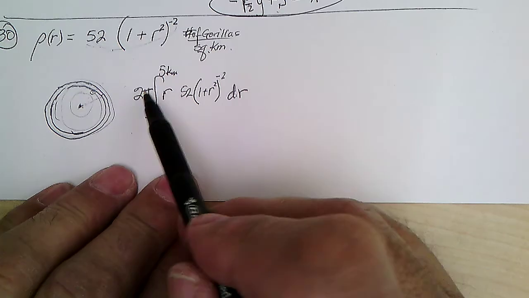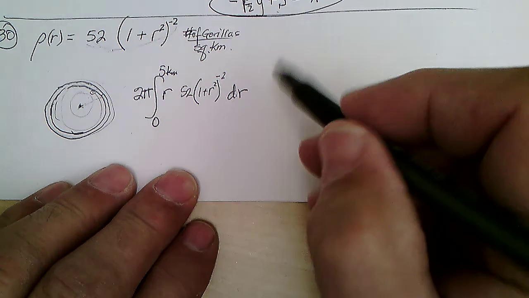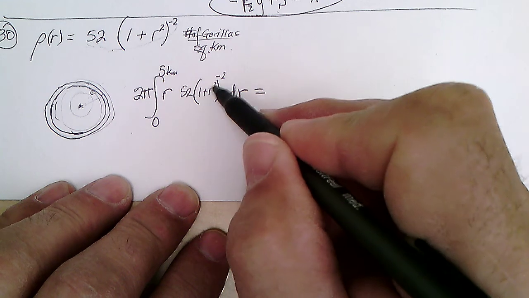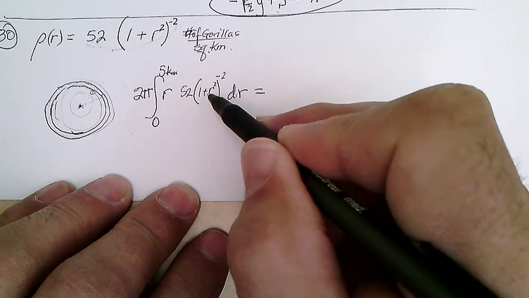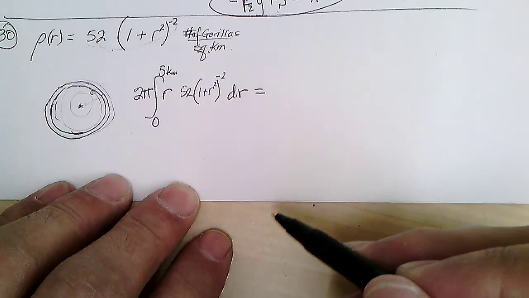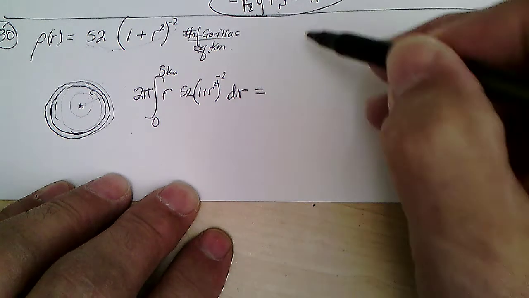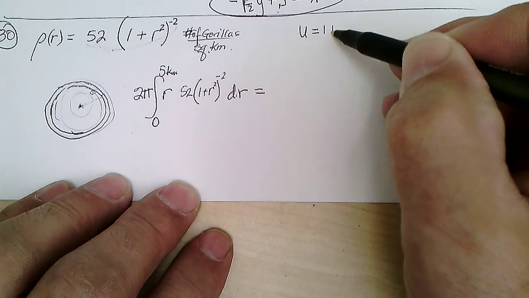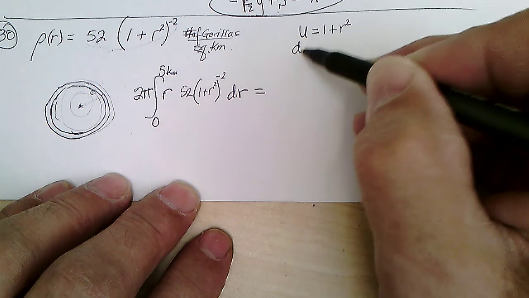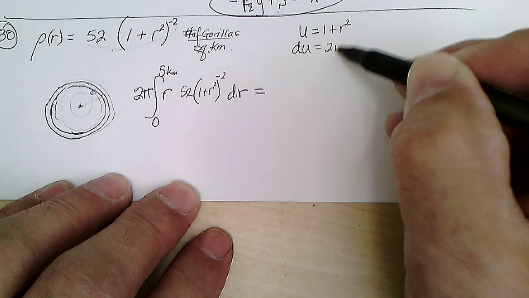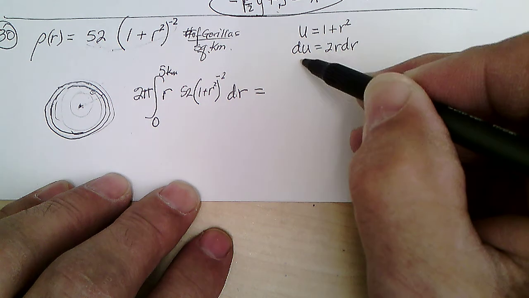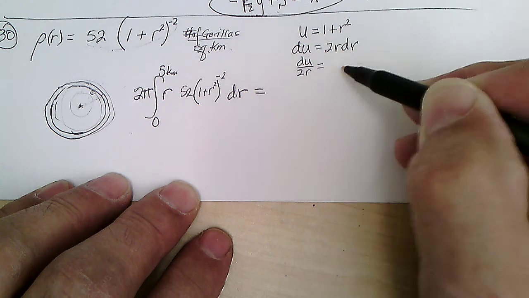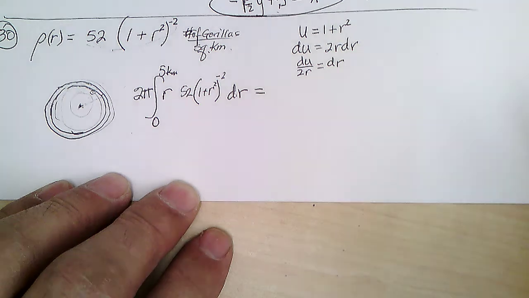Okay, now the 52 can come out with pi r, and we're going to do a substitution for 1 plus r squared, because that'll produce a 2r in the denominator, and we'll be able to simplify that r. So I'm going to do that u substitution. I'm going to let u equal 1 plus r squared. du would be equal to 2r dr, and du divided by 2r is what I replace dr with.